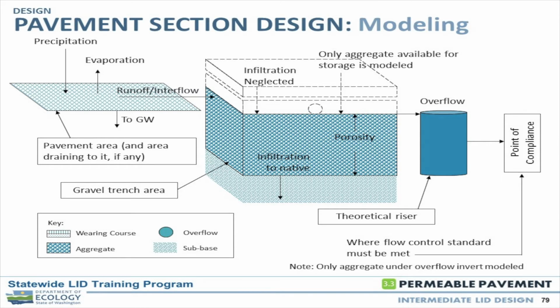There are many other flow control standards, needless to say, that can be used if you're in some sort of a capacity controlled basin where you've got a certain maximum release rate or what have you. The key is to basically model the permeable pavement system as a gravel trench, where the gravel trench receives a tributary basin which is equal to its same size.